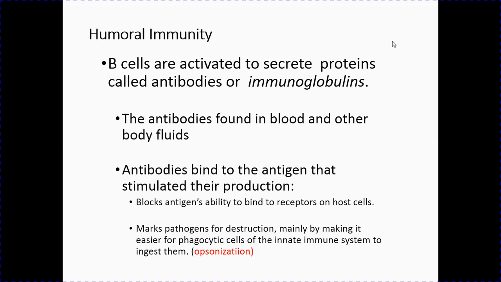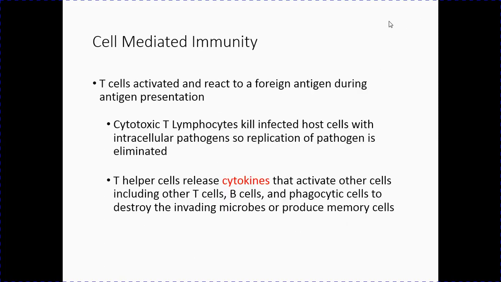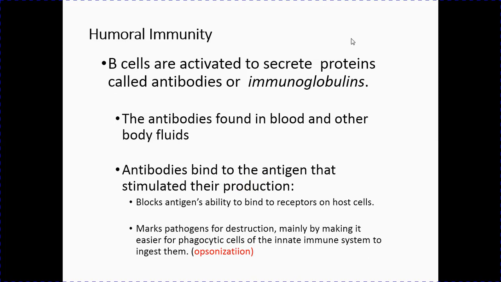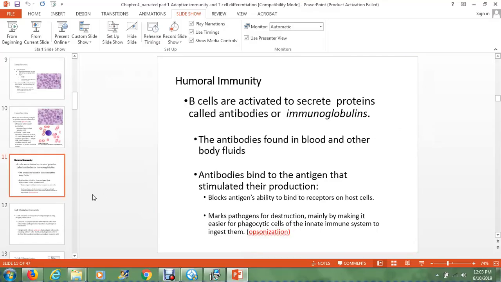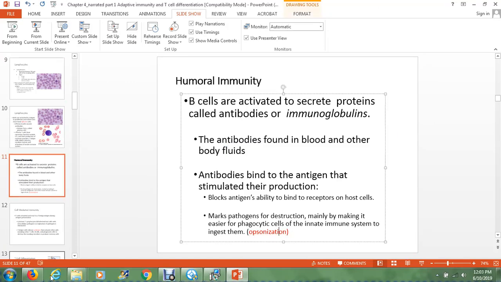And so, opsonization actually has only one eye at the end, not two eyes. I just saw two eyes there. Opsonization. It's not some kind of freakish spelling. It really is opsonization.